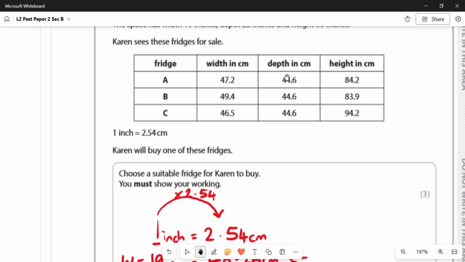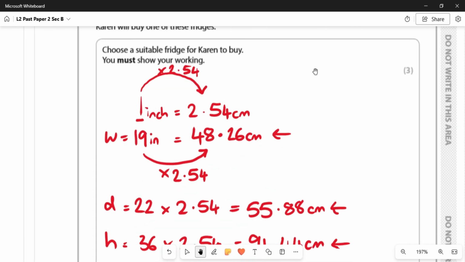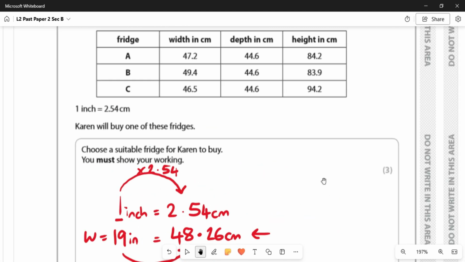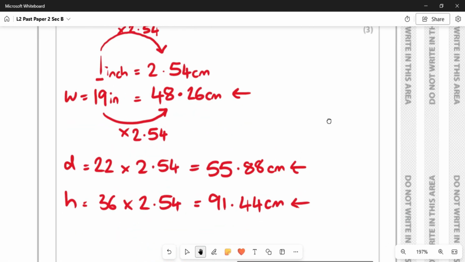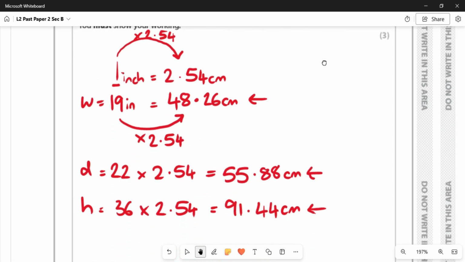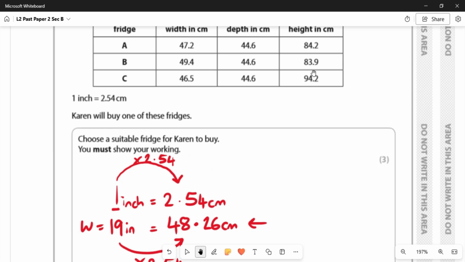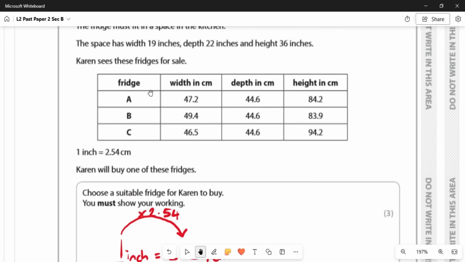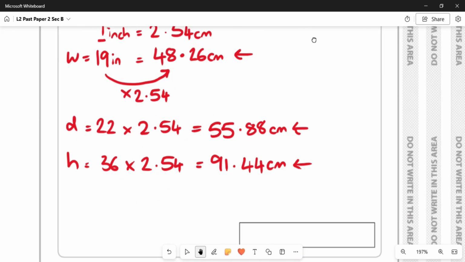Yeah, that could still be A and C. And for the height, it has to be less than 91.44. So C is too big. Can you see? C is greater than 91.44. So that is too big. So definitely C is not going to fit. The only one that's going to fit is fridge A. Yep, so there is your answer.